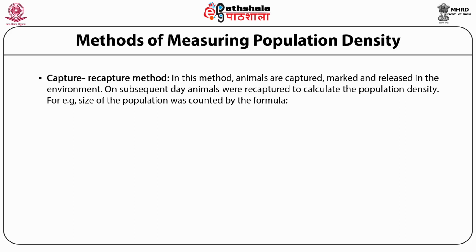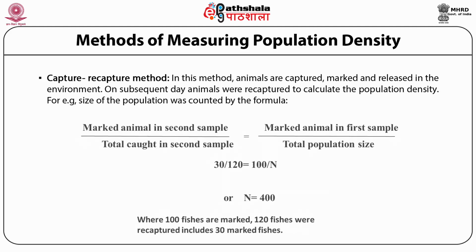After some time, again 120 fishes were captured. This included 30 marked fishes. The size of the population was calculated by the formula: marked animals in the second sample divided by total caught in the second sample equals marked animals in the first sample divided by total population size.